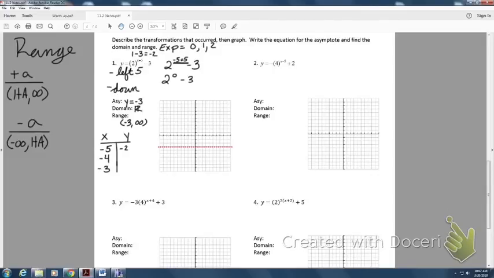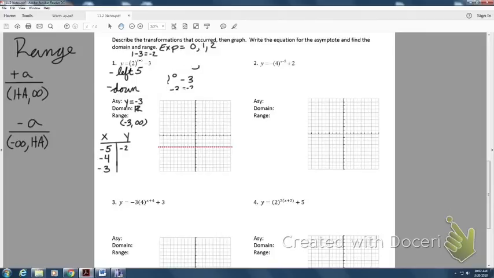Anything to the power of 0 equals 1, whether it's 2 to the power of 0 or 1,000 to the power of 0, it's always going to equal 1. And that gave me -2. Oh, that's why we want it to equal 0, because we know anything to 0 is 1. We do that because that should be easy math that we can do.